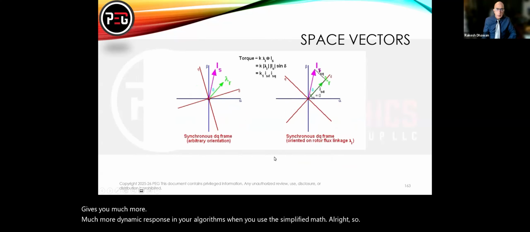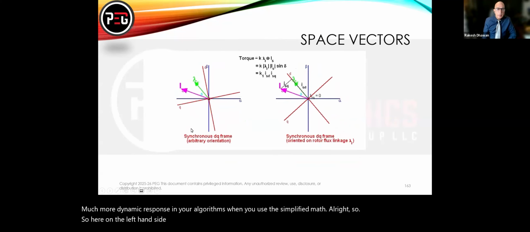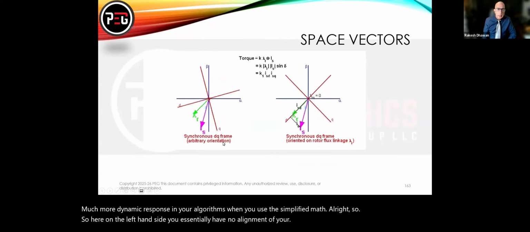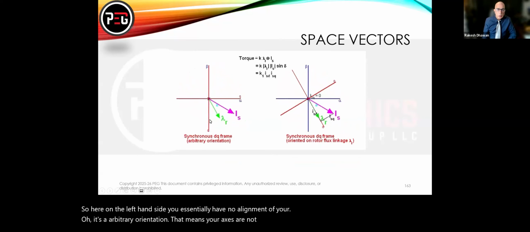All right, so here on the left-hand side, you essentially have no alignment, it's an arbitrary orientation. That means your axes are not aligned with respect to D and Q, okay?